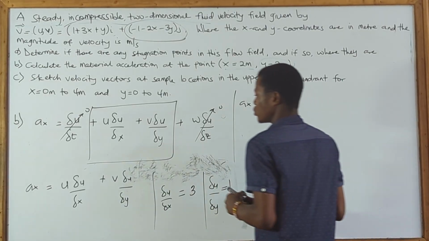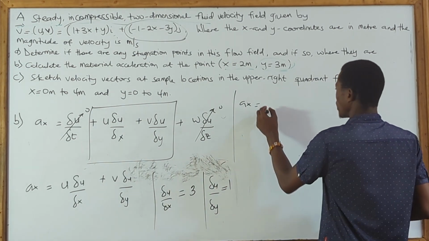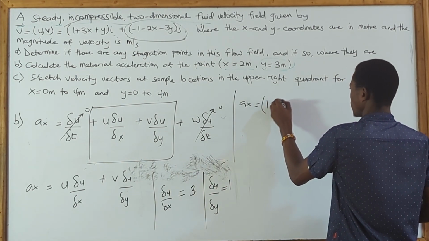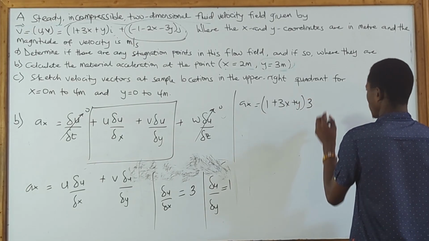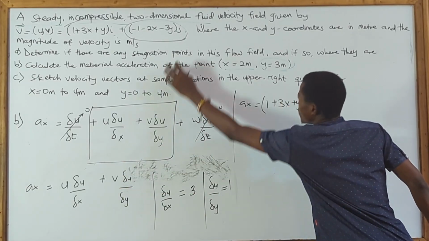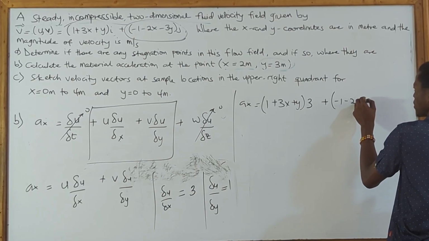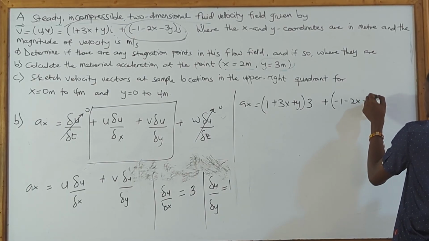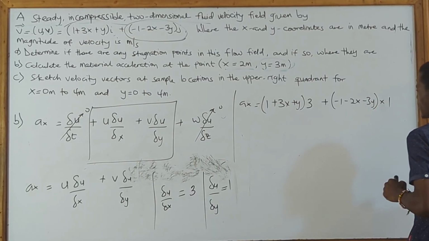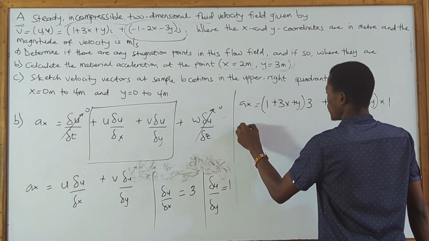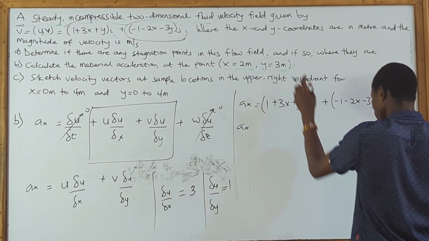So we are just going to put them into this equation that we have here. We know our u to be equal to 1 plus 3x plus y, multiplied by the 3 we have here, plus the v component, that's minus 1 minus 2x minus 3y, multiplied by 1. And we were given x to be 2 meters and y to be 3 meters.